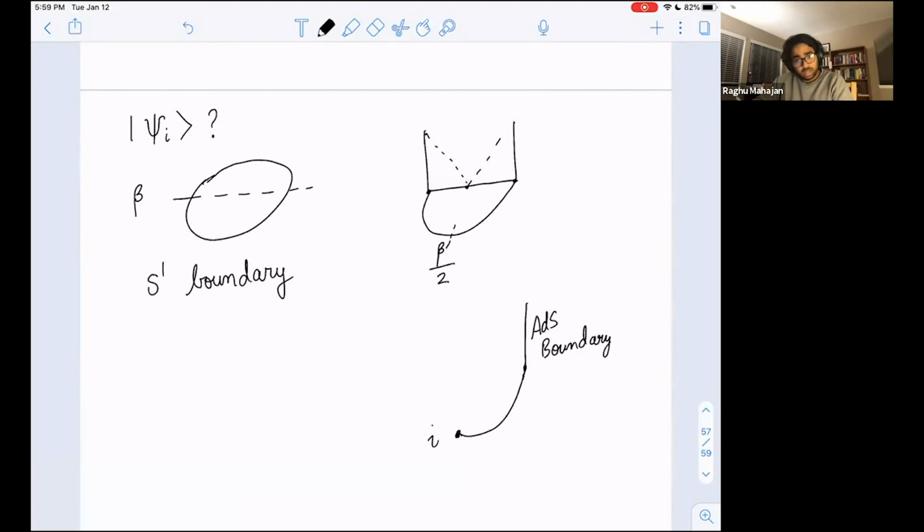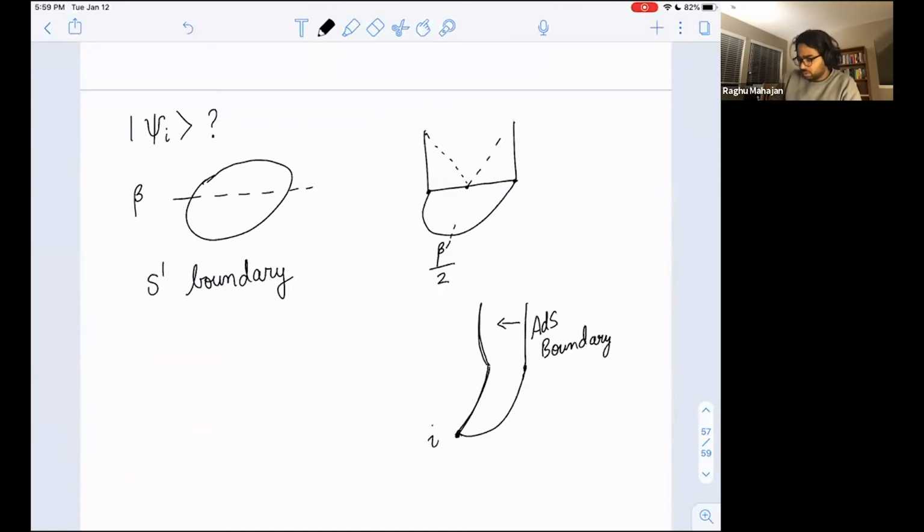What this does in the evolution is, in the Euclidean section, it follows some Euclidean geodesic, and then when you become Lorentzian, it follows some Lorentzian geodesic. So this is like a boundary of space. This is the AdS boundary. You start going in, and the space just ends at this particle labeled by i.